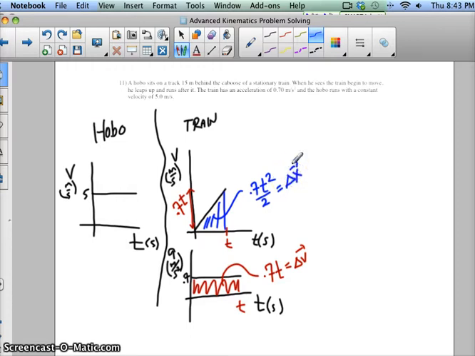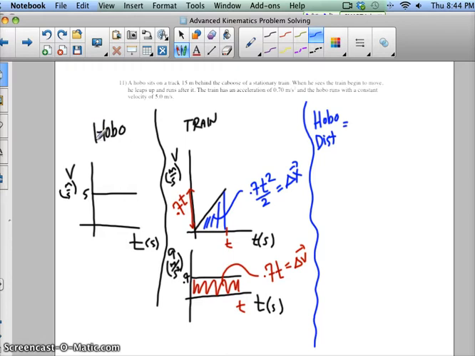All right? So I suppose we have to figure out some logical relationship between how far the hobo travels and how far the train travels. So the hobo's distance traveled, you'll notice he has to go further because he has to catch up to the train.